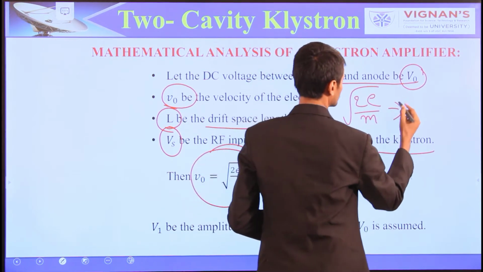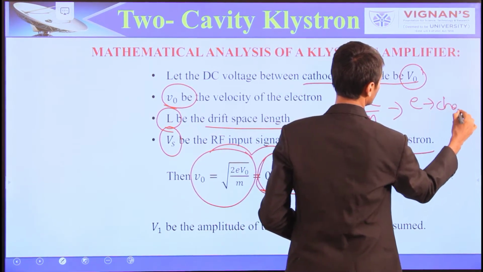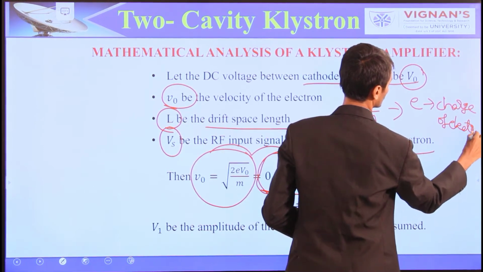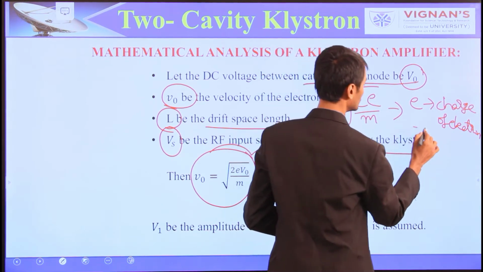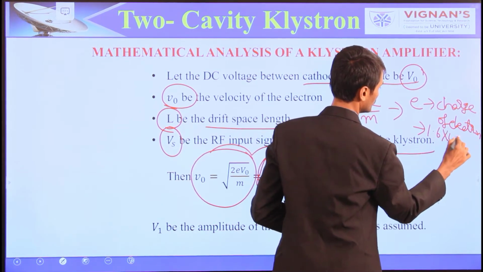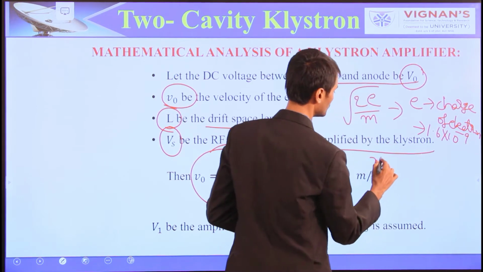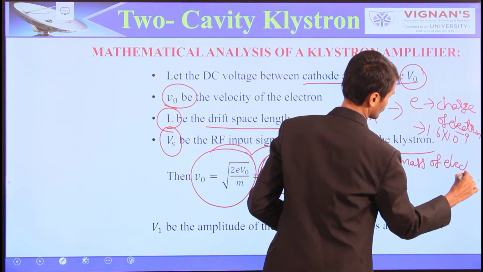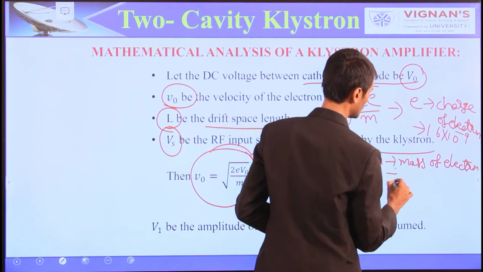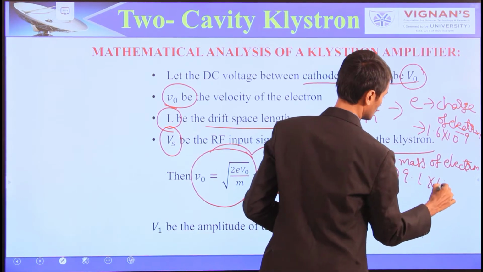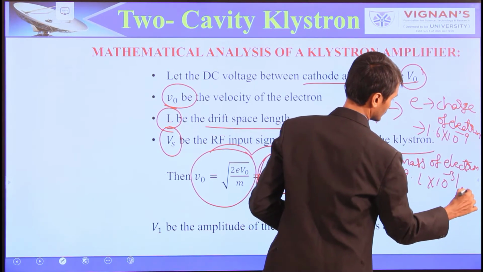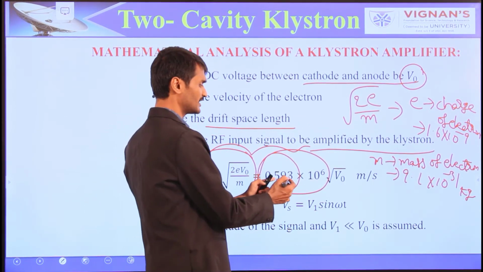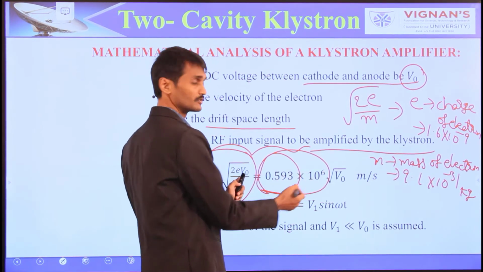Here e is the charge of the electron, 1.6 into 10 power minus 19 coulombs, and m is the mass of the electron, 9.1 into 10 power minus 31 kg. Applying these, you will get the value as 0.593 into 10 power 6 root V0.